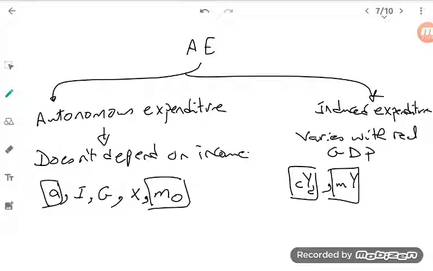Okay, what is the difference between actual expenditure and planned expenditure? Actual is the real GDP.